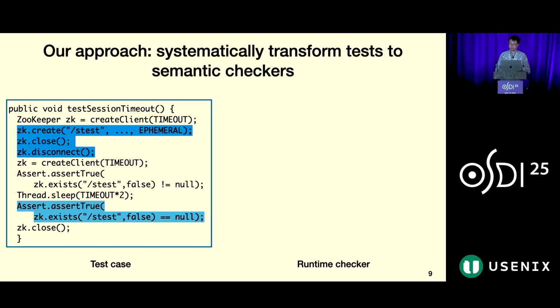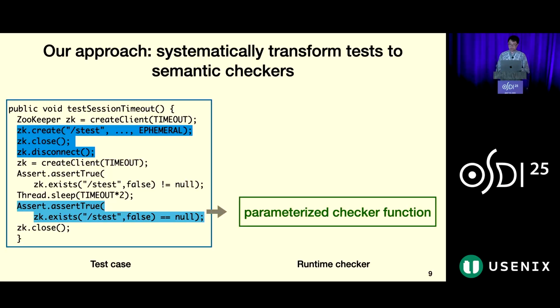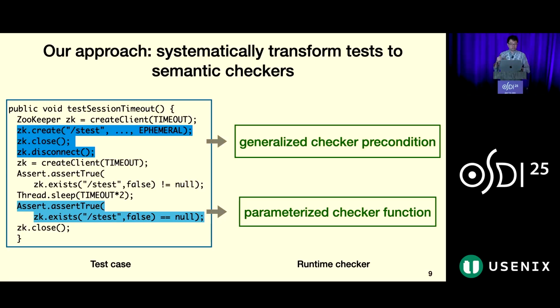Our idea is to reuse the checking-related logic and turn that into a parameterized checker function. And we want to extract the precondition from the test workloads and generalize so they can be applicable to production workloads. Then the generated checker will be deployed with the target system together at runtime and activate on the production workloads.